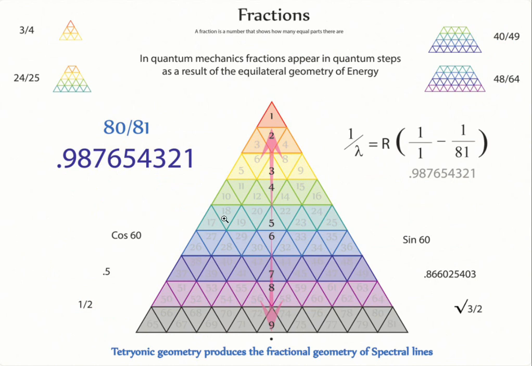As we mentioned before, the fractions within Tetryonic geometry are all changes in square energy fields. If we want finer and finer fractions, we can just specify a single equilateral geometry and then whatever squared energy geometry we wish, or energy momenta quanta within that field that we wish to calculate the square root.